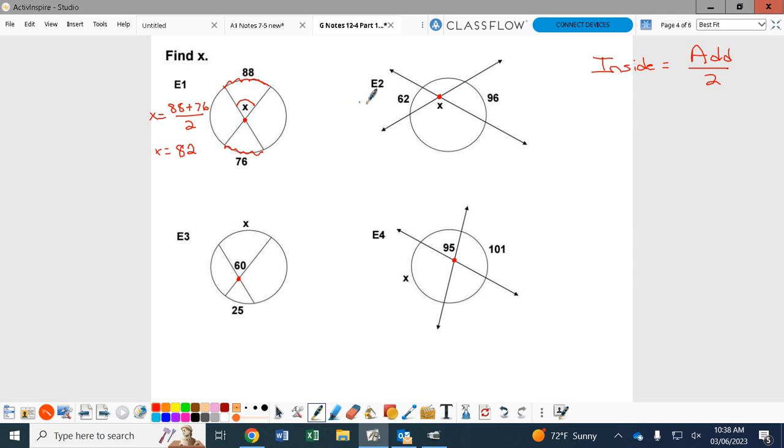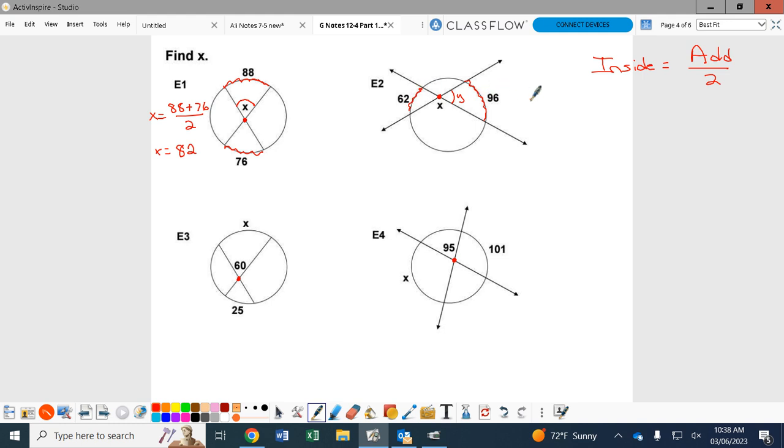Guys, when you look at these two, this 62 and this 96 are not going to line up with the x. Do you see the x is not in line with them? The angle that's connected to them is going to be this angle. We'll call it y. We're going to be solving for y first. That's the one that's in line with those arcs right there.